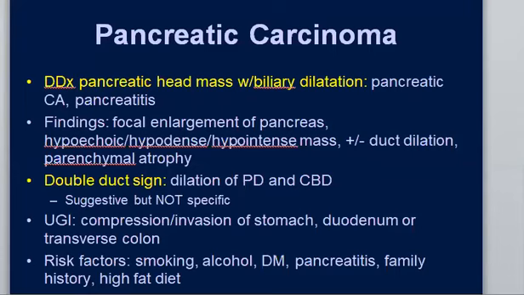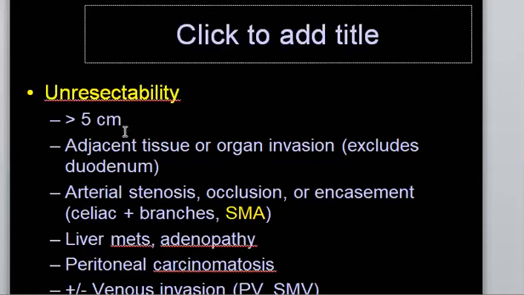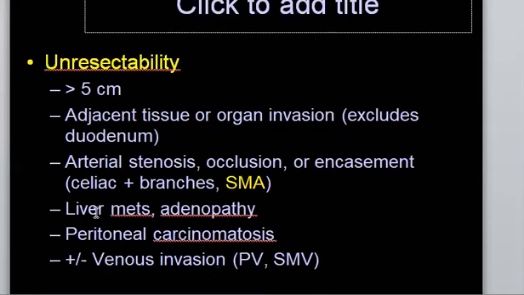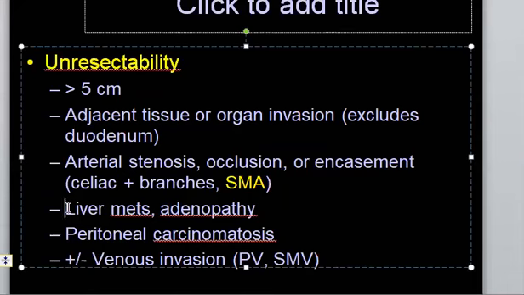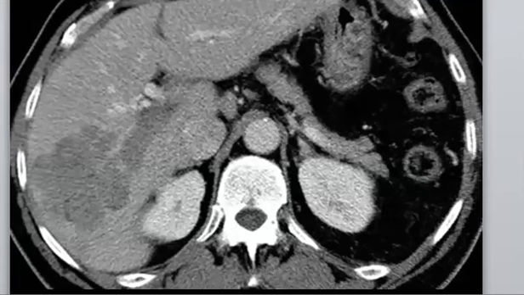It comes to you in the long exam, and the most important thing is to focus on the keyword: operability. So this is what you should mention. And don't forget the metastasis, because if it is metastatic or you have metastatic lymphadenopathy, it is inoperable, okay? And peritoneal carcinomatosis, plus or minus any venous invasion like the portal vein or SMV.